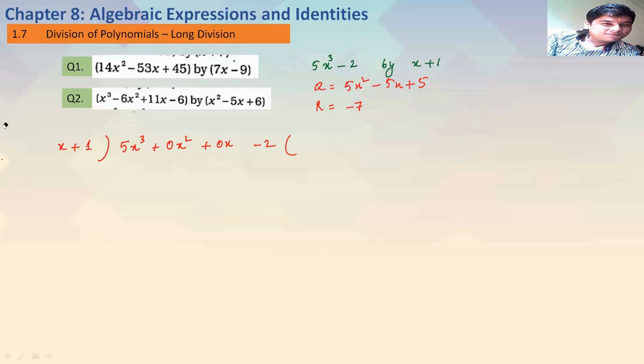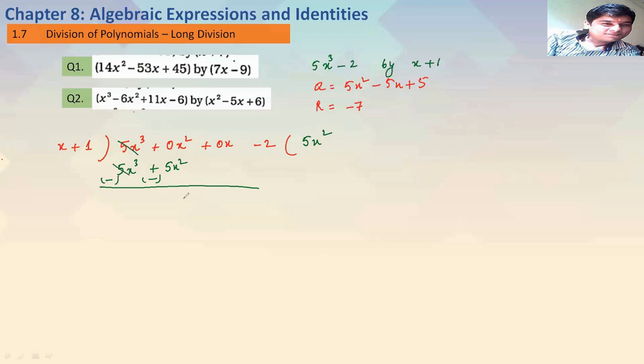All right, let's go on to do it. We take 5x squared first. This is going to be 5x cubed plus 5x squared. Subtraction.